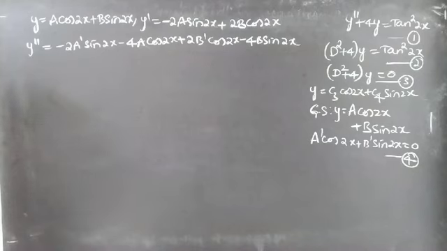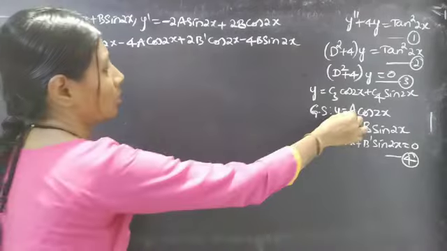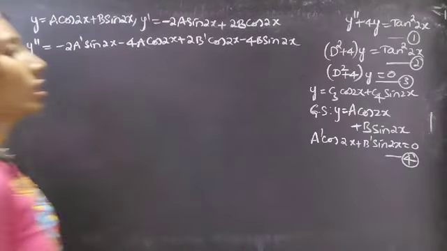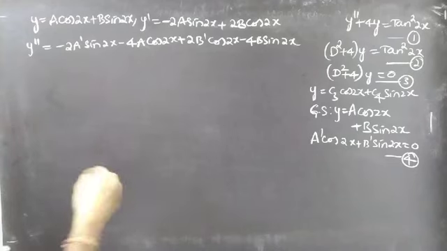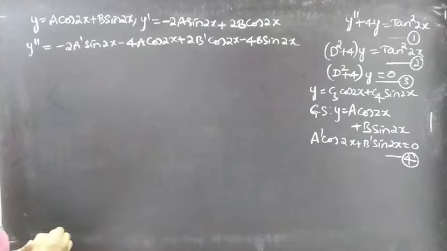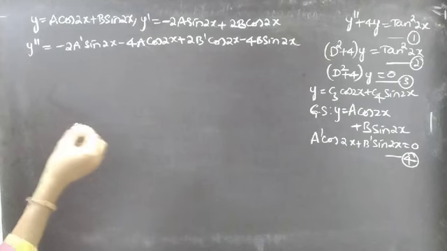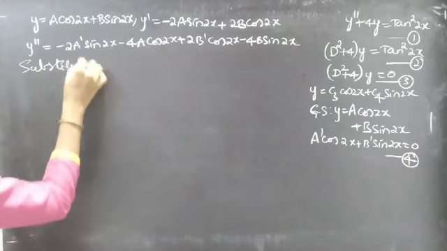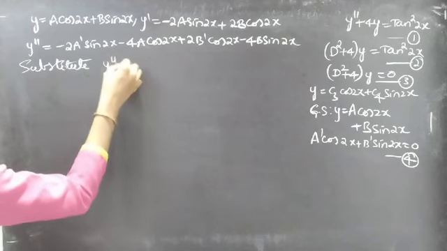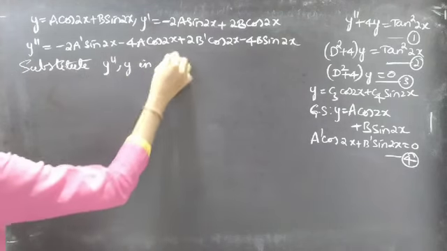So that's the purpose why we are substituting y' and y here. In order to find a' and b', we'll substitute y and y'' in equation 1 because y is a solution of equation 1, right? Fine. Now let's substitute y'' and y in equation 1.